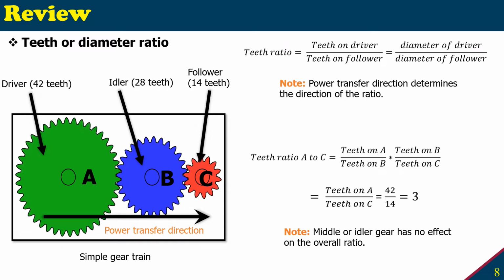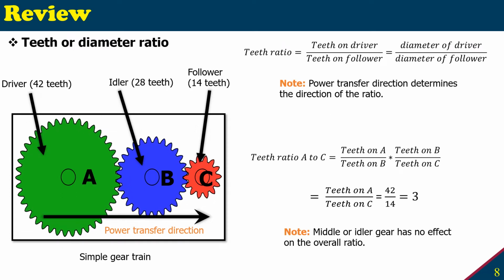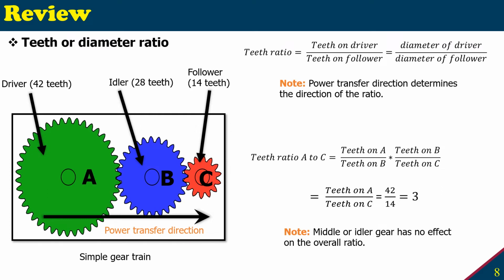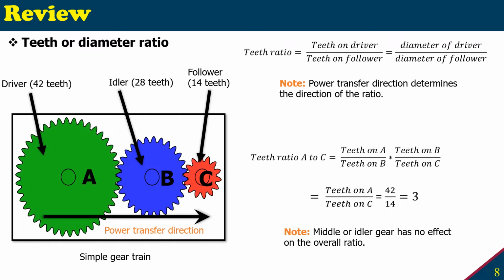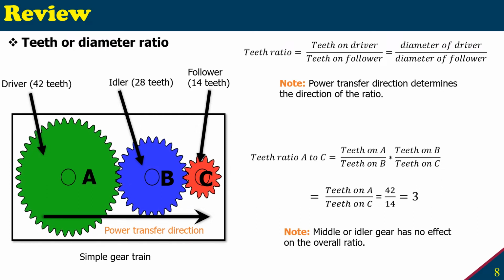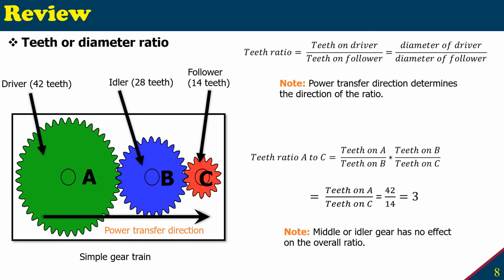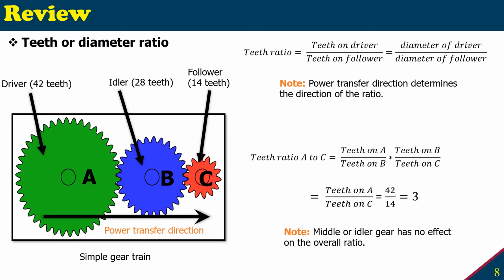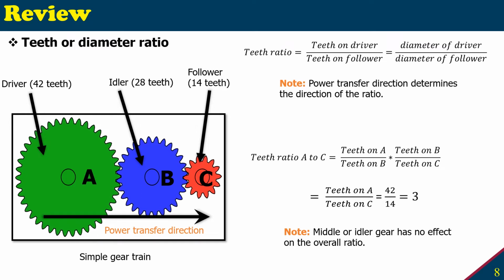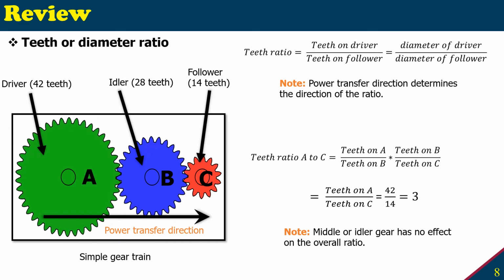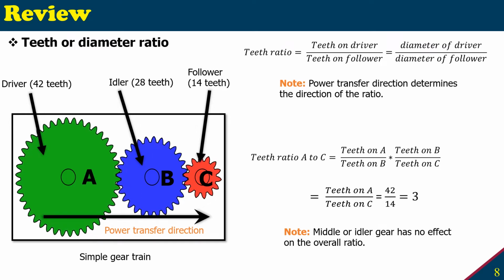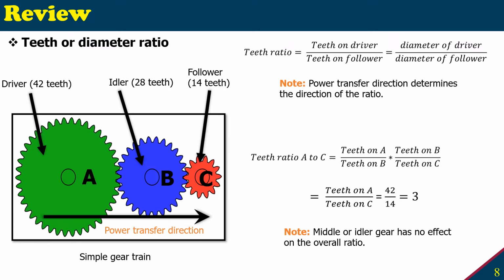Again, teeth on B would be 28, and teeth on C will be 14. So teeth on B and teeth on B will cancel out. So the final ratio would be teeth on A and C. So 42 over 14, just 3. So the teeth ratio for this simple gear train arrangement is 3.